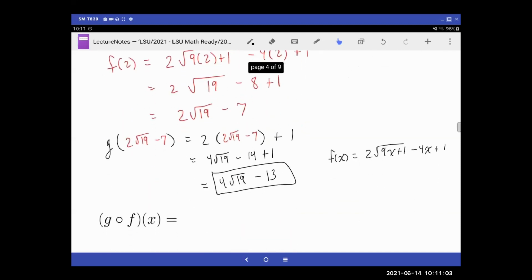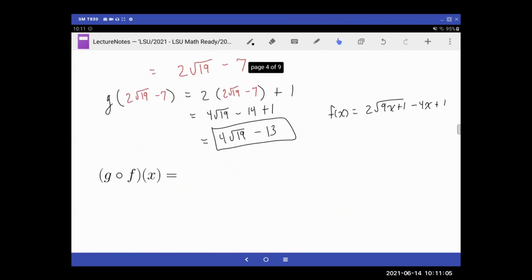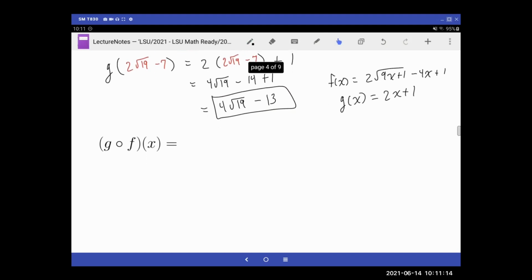Okay, and then g of x is 2x plus 1. All right, so I have these two functions. I want to find the new function, the direct flight, right? That's what I want to find here. And so I can compose these two functions, g of f of x, by doing what we just did a second ago.